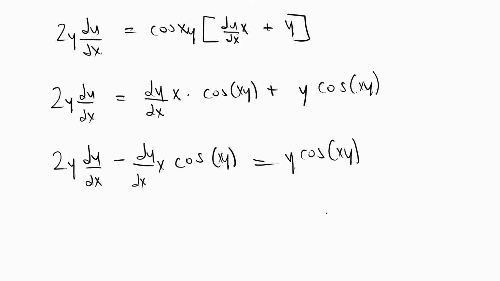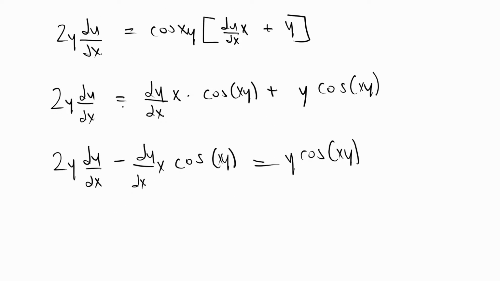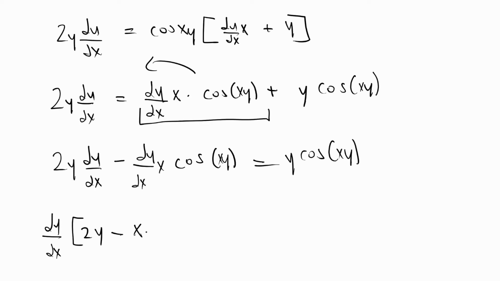This is just algebraic manipulation. I'm bringing this whole term to the left, subtracting it from both sides. Then we need to get dy/dx alone, so let's factor it out of these expressions. We get dy/dx times (2y minus x cos(xy)) is equal to y cos(xy).